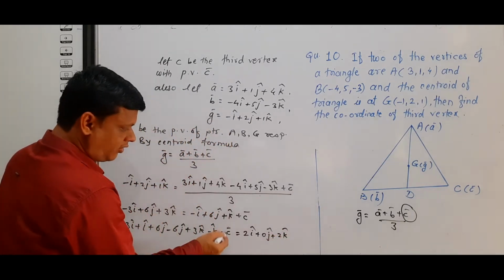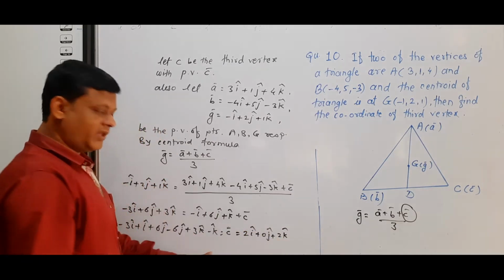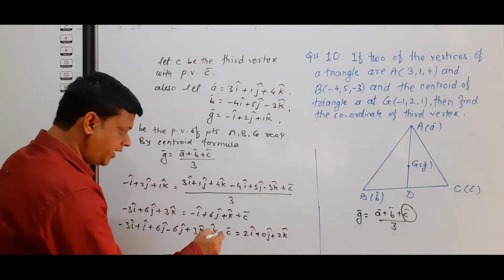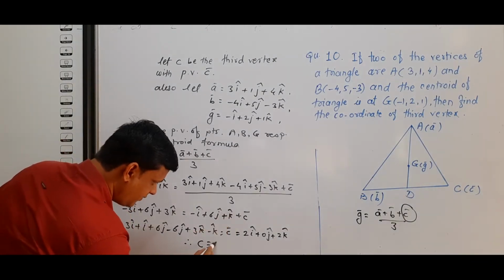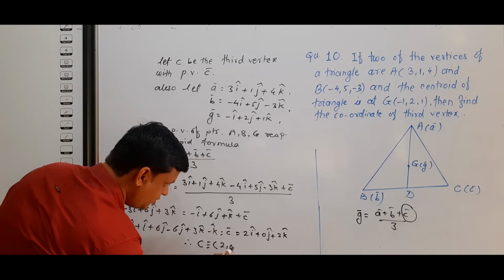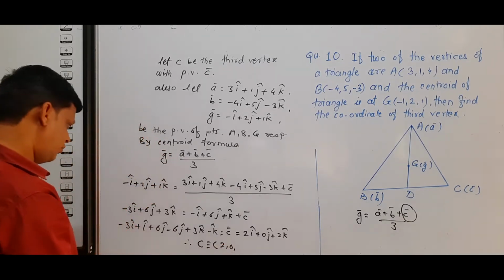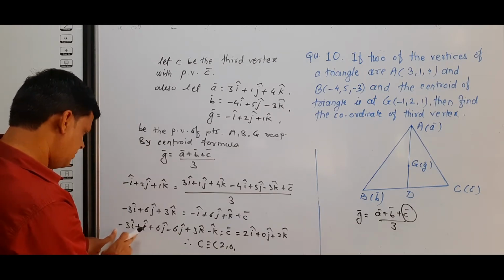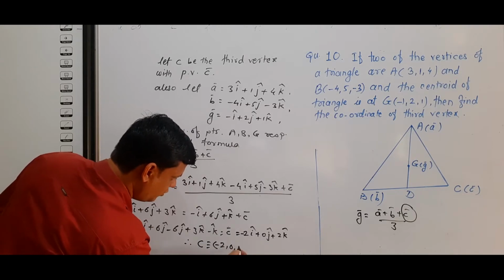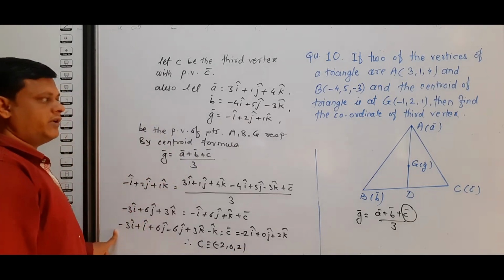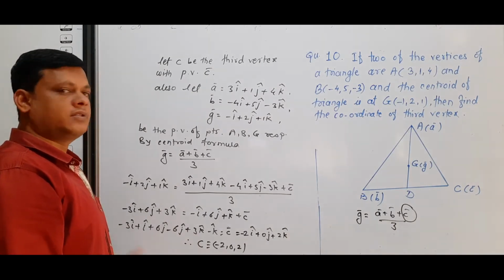So the position vector of point C is minus 2i plus 0j plus 2k. From this we write the coordinates of point C. Therefore C is (-2, 0, 2). So in this way we can calculate, by using the centroid formula, the coordinates of the third vertex.